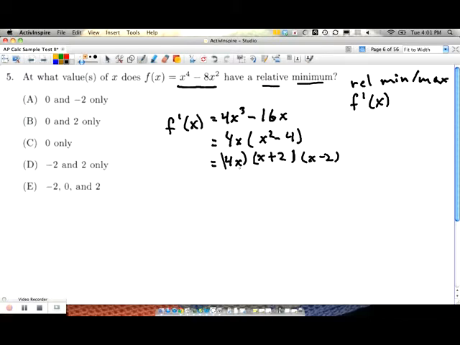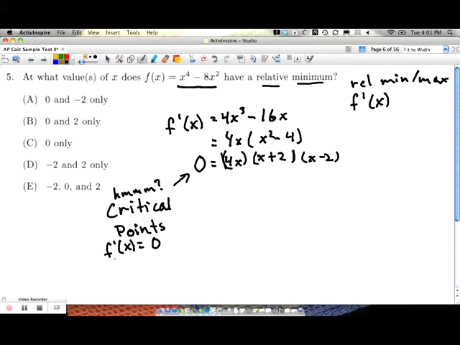And again, by zero product property, we can apply that here. Why would I be setting this equal to 0? It's because I'm looking for critical points. That's when the derivative equals 0, giving you horizontal tangents, or when the derivative does not exist.